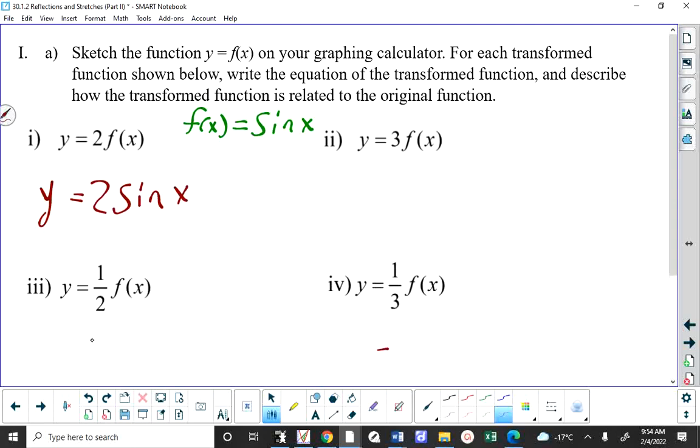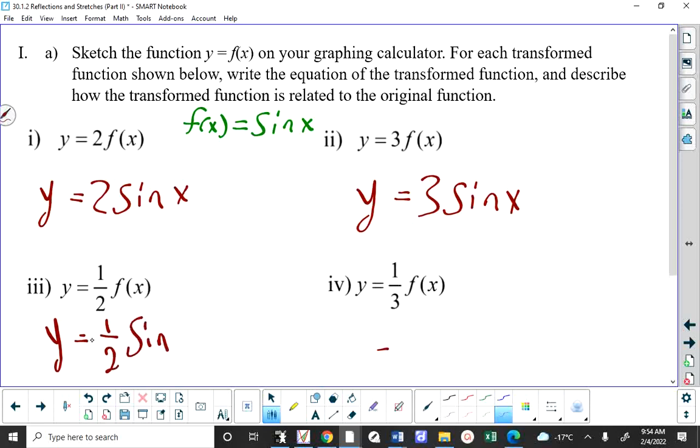It just means 2 multiplied by sine of x. And I'm using sine of x because it doesn't matter what the function is, and sine of x is kind of a cool graph to look at. I suppose the equation of y equals 3f of x would be y equals 3 sine of x. y equals 1/2 f of x would be 1/2 sine of x. And the last one, 1/3 f of x, would be 1/3 sine of x.